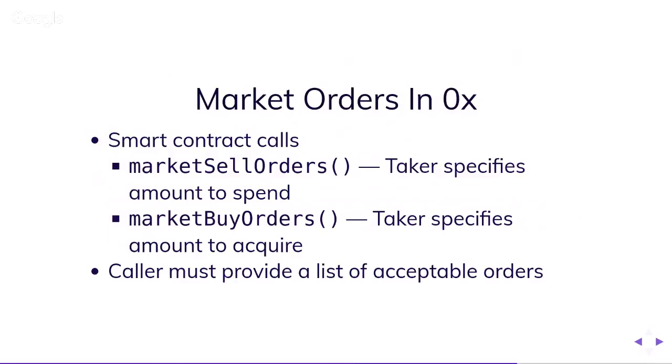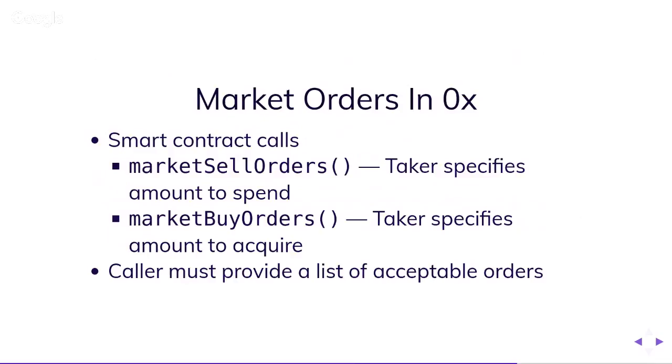But with a market sell order, the taker, who is the person calling the smart contract, specifies the amount of tokens that they want to spend filling this order. So using our ZRX for Digix Gold token, they might say, I want to spend 100 ZRX getting as much Digix Gold as I could.